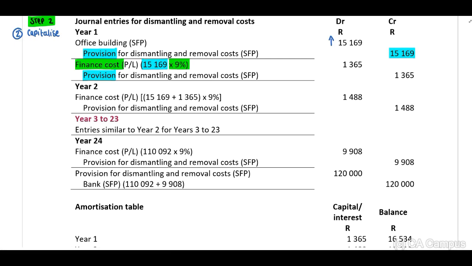Year 2, we need to recognize the growth, therefore credit our provision and debit our finance cost with the initial amount in our journal 1, and we will have to add our second journal's amount, 1365 times 9%. And guys, then it goes on until the end, and in year 24 you will have to credit your bank when payment is made.